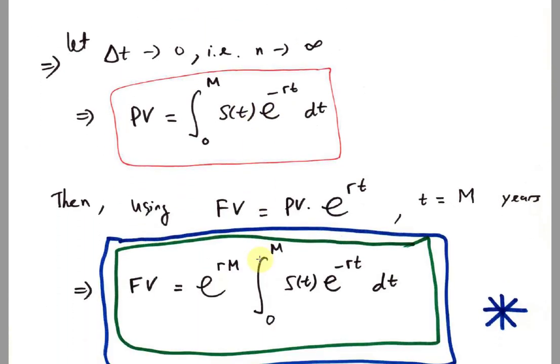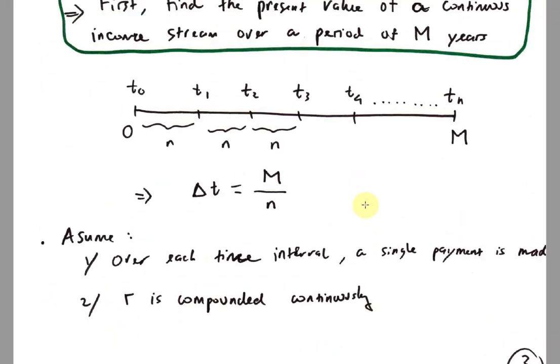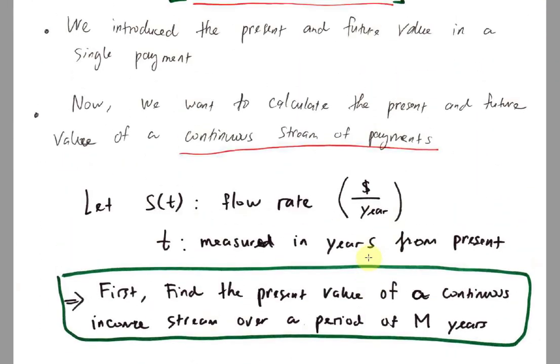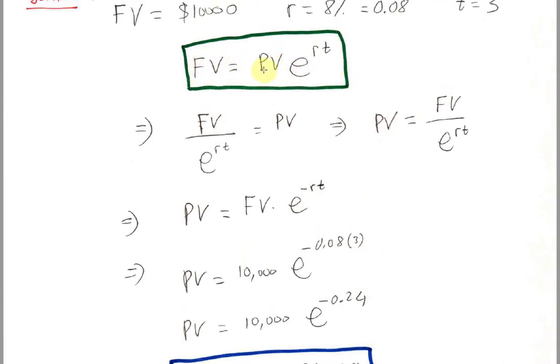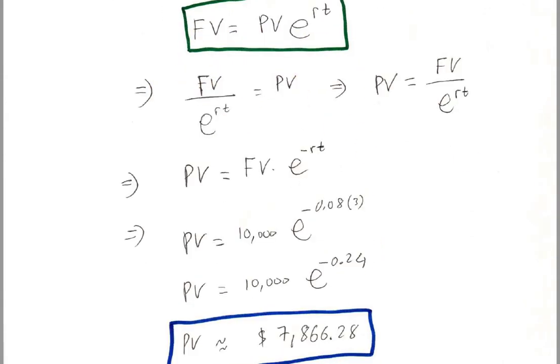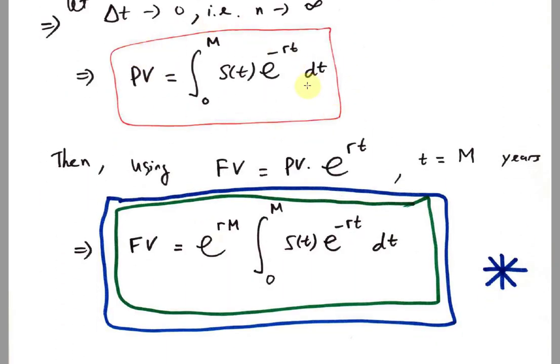Once you get the present value, you can use the future value formula. Future value equals present value times e to the rt. This is the same formula as you saw earlier. So once you get the present value of all the payments, we can find the future value equal to present value times e to the rt.